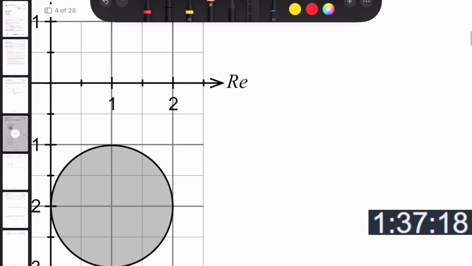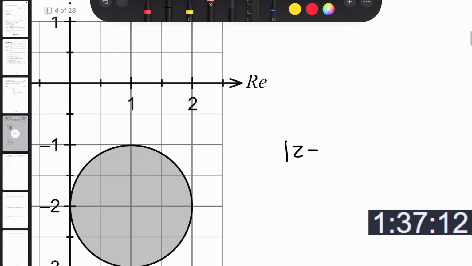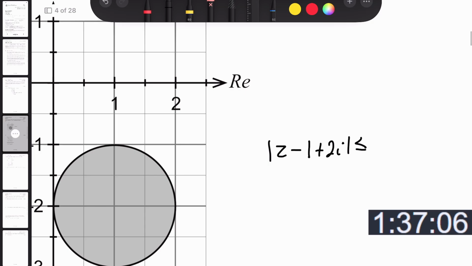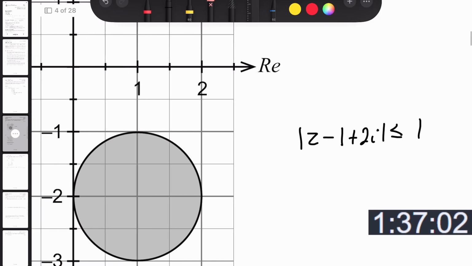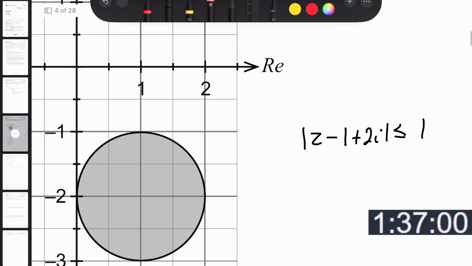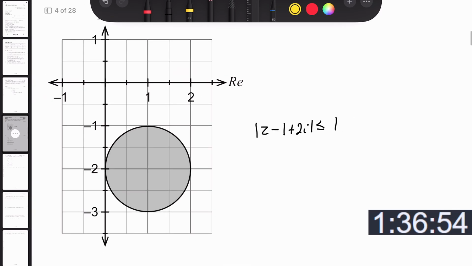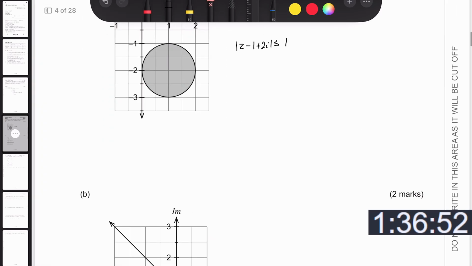Let's sketch our equations of inequalities in terms of z. Let's say that the absolute value of z minus 1 plus 2i must be less than or equal to 1. So location is 1, negative 2, and the radius is only 1.